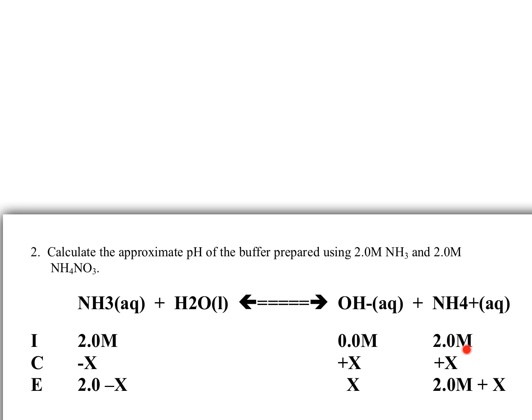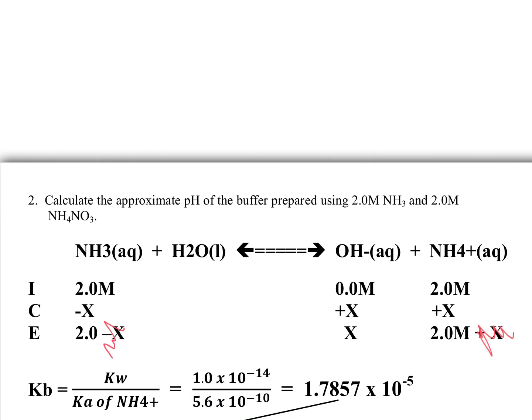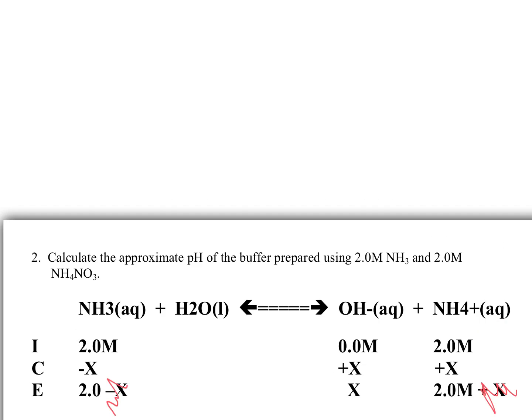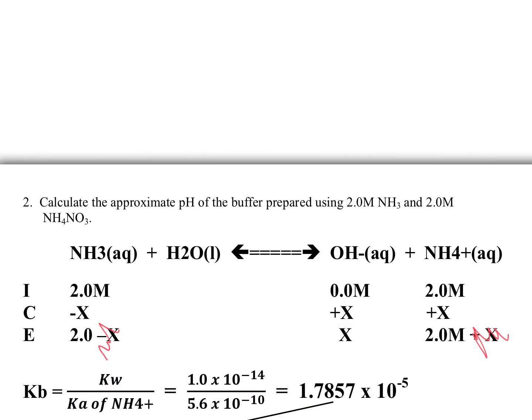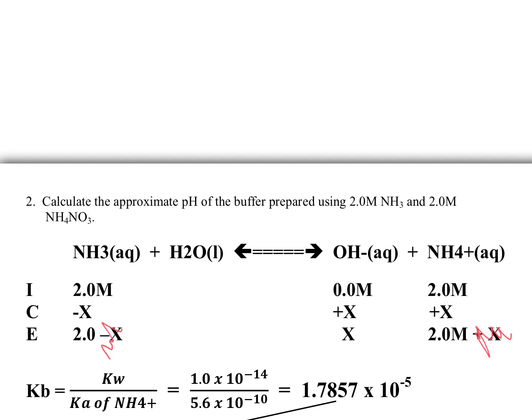Put your changes and we call our x's insignificant in our concentration change for NH3 and NH4. So we plug in these amounts without the changing x's. We get x times 2 divided by 2 equals Kb. Unfortunately, you're often given Ka instead, so you would convert your Ka of NH4 using Kw, 1 times 10 to the negative 14, into finding your Kb amount.